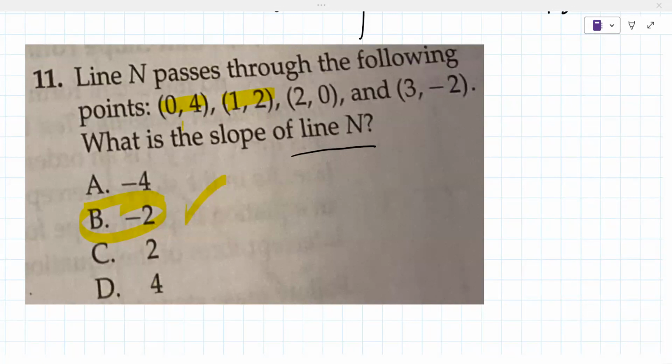Let me know if these are too blurry. I think they're okay.